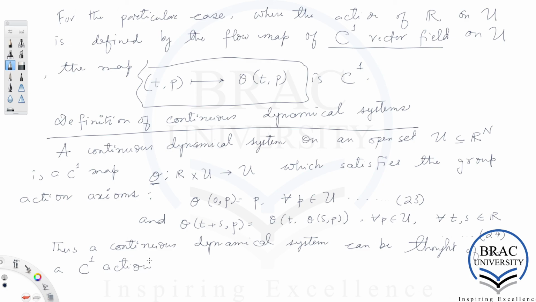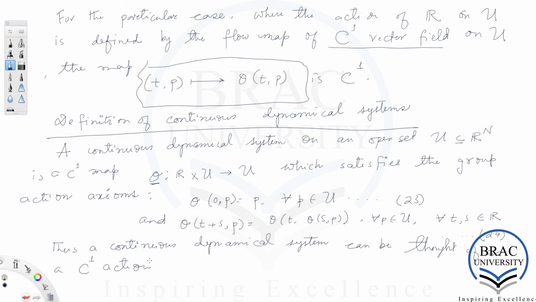In the general context, the action was denoted by phi. In our case, where we are considering the flow of a C1 vector field F, the flow map is of course a C1 map as well.